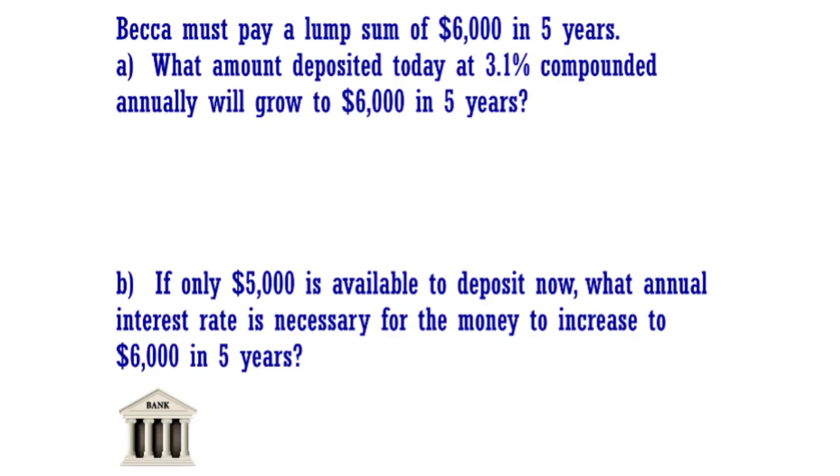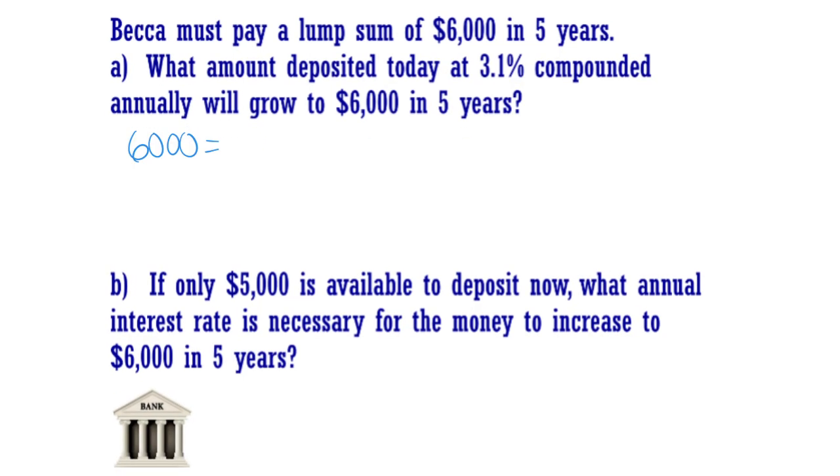A equals, well, okay, it's really not even A. It's actually 6,000 because that's what the ending amount needs to be. I already know what the ending amount is. The initial amount that she has at the beginning is what we are looking for, the P. What do we need to put into our account?